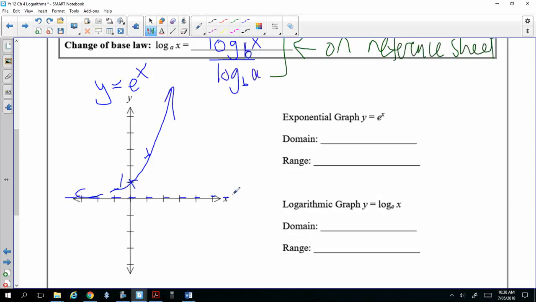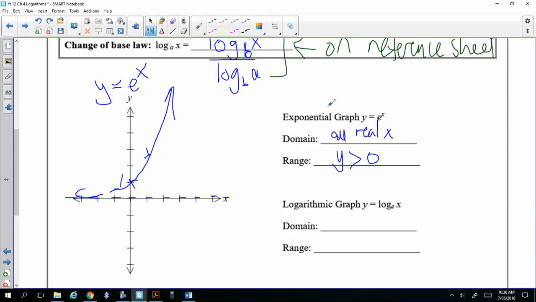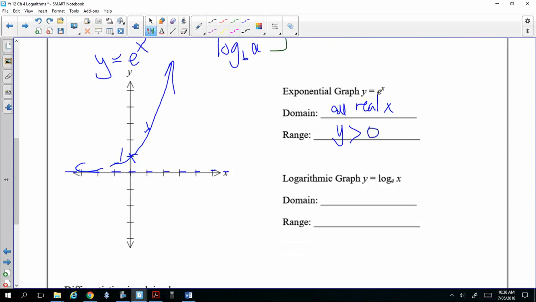And you should note the domain and range from the graph. The domain for an exponential is all real x, and the range is just positive values of y, excluding 0. We should also be familiar with the logarithmic graph, which I will do in purple. It has an x-intercept of 1, has a vertical asymptote instead of horizontal, and goes up like this.